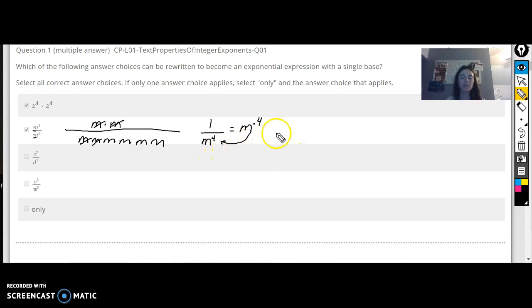The other way to think of this is m to the 2 minus 6th power, which is m to the negative 4th, which, as we've already decided, is 1 over m to the 4th.